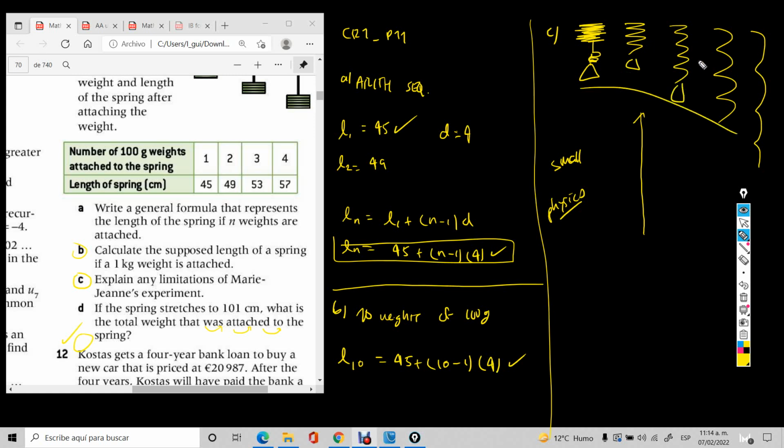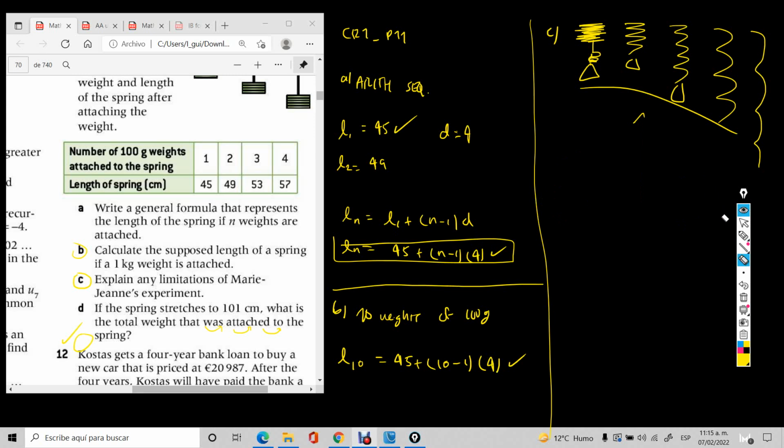So the spring conserves its properties only for small or medium-sized forces. If you apply a lot of force, you're going to basically deflect or completely break down the spring, and then it's not going to go back to its original shape and so on. So those are the limitations of this experiment. There are limitations due to the internal molecular configuration of a spring, and that's actually physics.